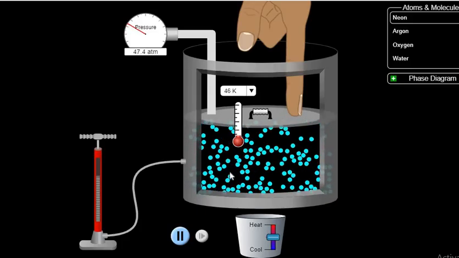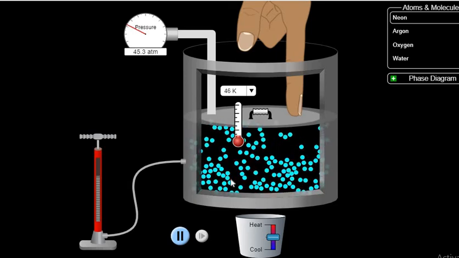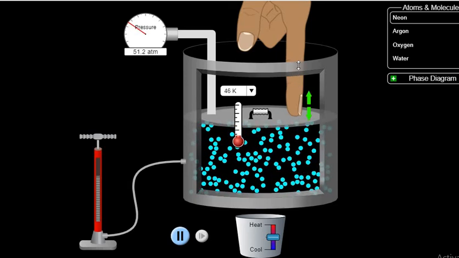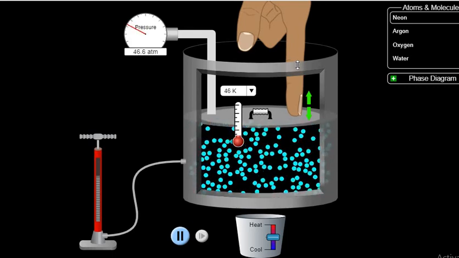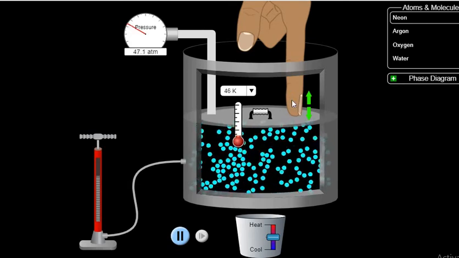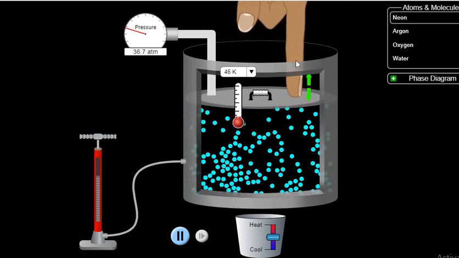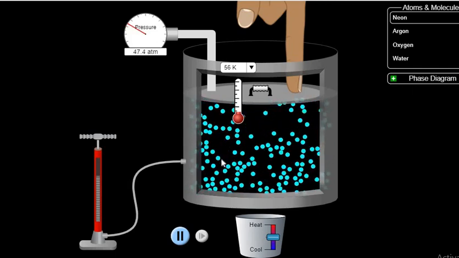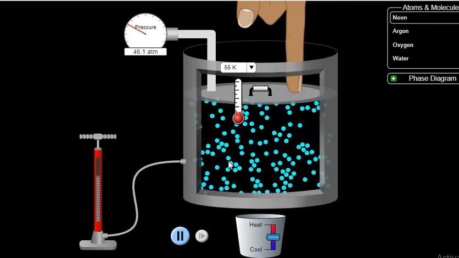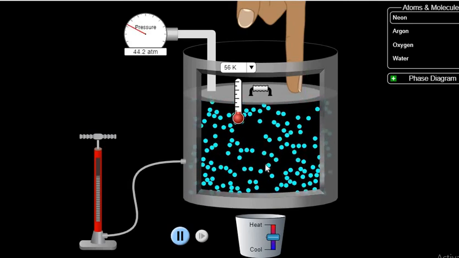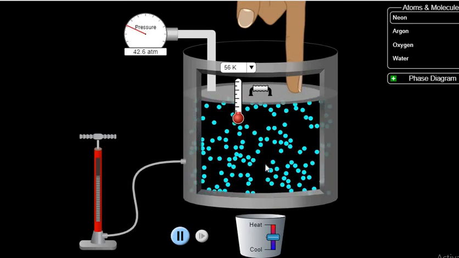So if this is a liquid inside the syringe and this is a plunger, now I will pull the plunger out halfway and look at the particles. They still occupy all the volume inside the container, or inside the syringe.